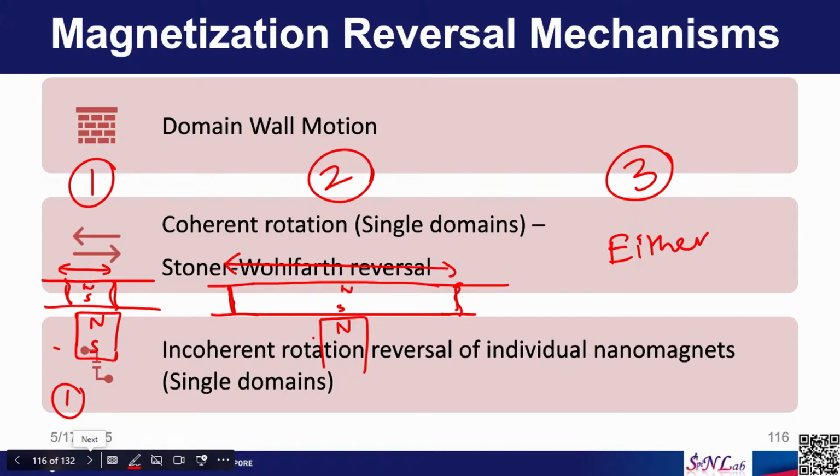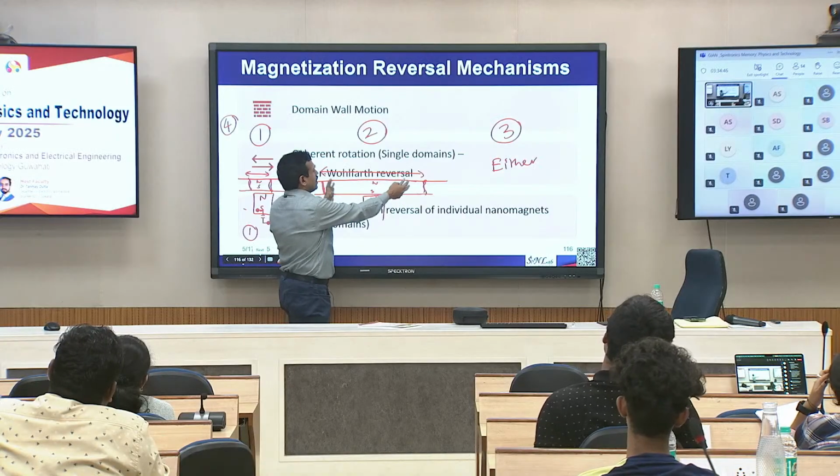How many of you are thinking that 1 will happen? Raise hands. No one? Okay, 1, 2, 3, 4 hands for this one. How many of you think that 2 will happen? Nobody? So, I bring a magnet, and a wide region gets magnetized.